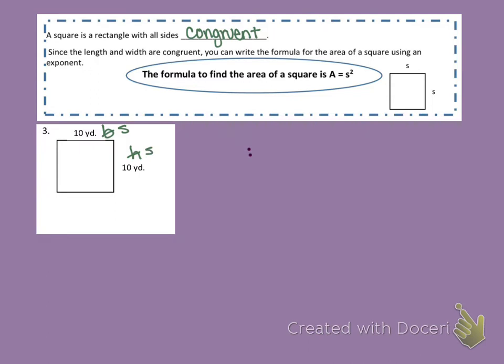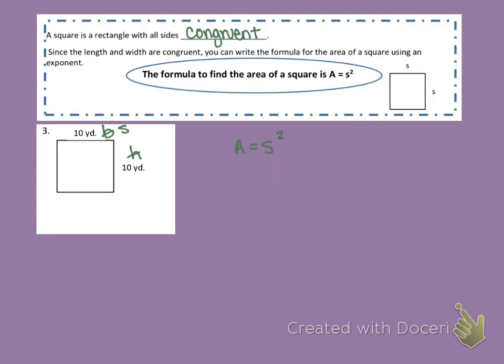And it's super important that we remember this because it's used a lot in 8th grade math. If you can't think about A equals S squared and you just automatically go to base times height when looking at a square, then you're not going to get some of those problems correct. So we want to make sure that we can recognize that if it's a square, your sides are the same, therefore it's side squared, and not base times height.